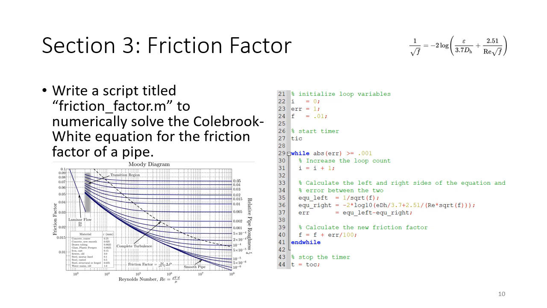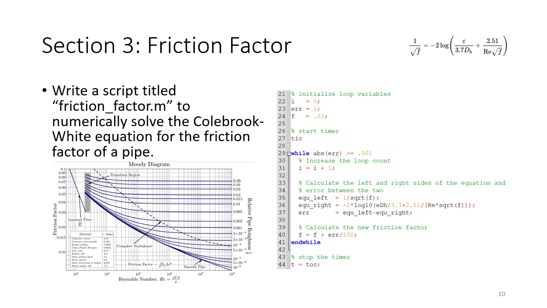For the fourth and final section of this lab, I'd like to revisit the Colebrook-White equation and the friction factor calculation that we did in Excel. So I'd like you to write a script with friction factor as a title, and we're going to numerically solve the Colebrook-White equation.